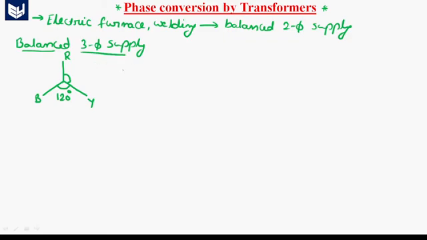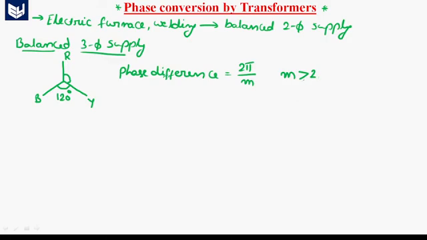Okay, so for phase difference, we have a formula that is 2 pi by m. Okay, find the phase difference. This formula is valid for greater than two phases.